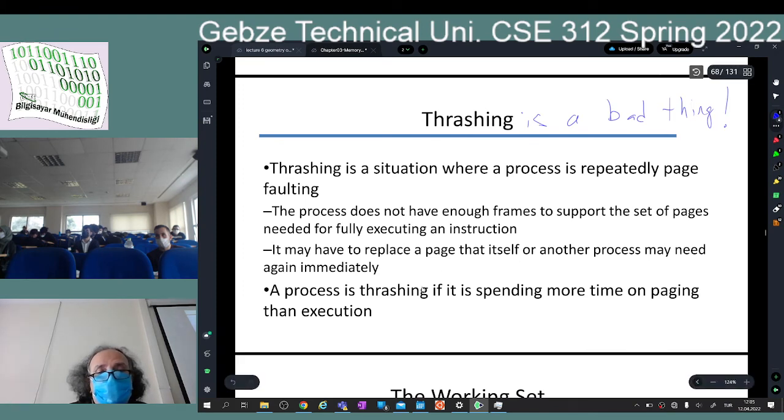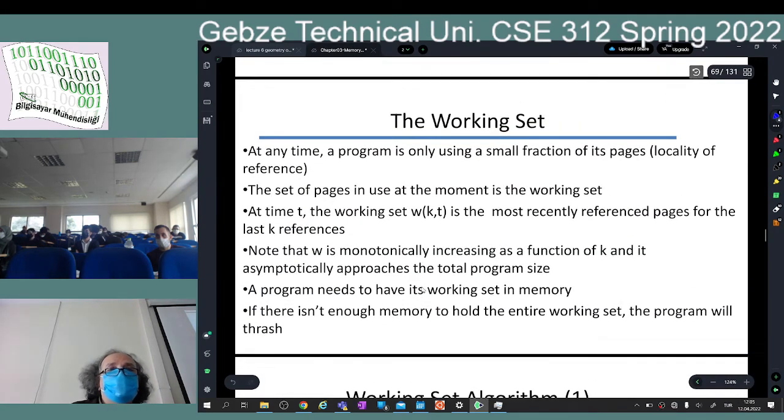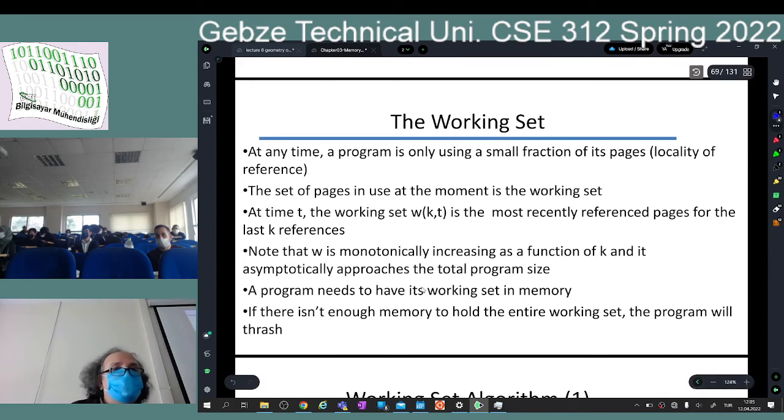We are going to call it working set. Working set is this: at any time, as we see, my draw board is using 350 megabytes of memory space, although the process size is maybe a few gigabytes.